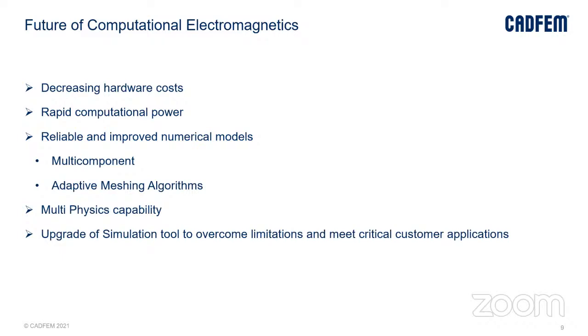So customers might be more interested in such simulations where we can get much more accurate results within less time. The simulation tools are also improving day by day, and hence they can overcome the previous limitations mentioned now, and also meet critical customer applications.